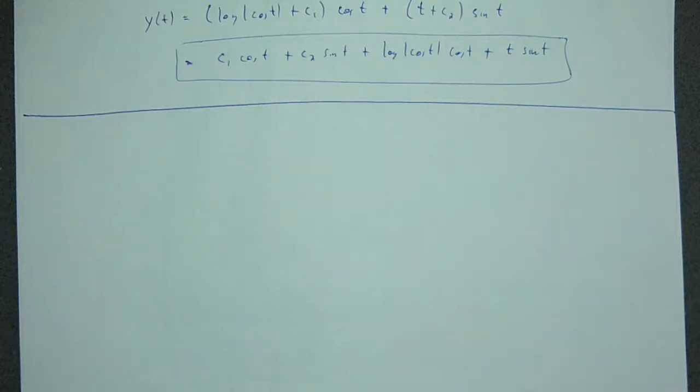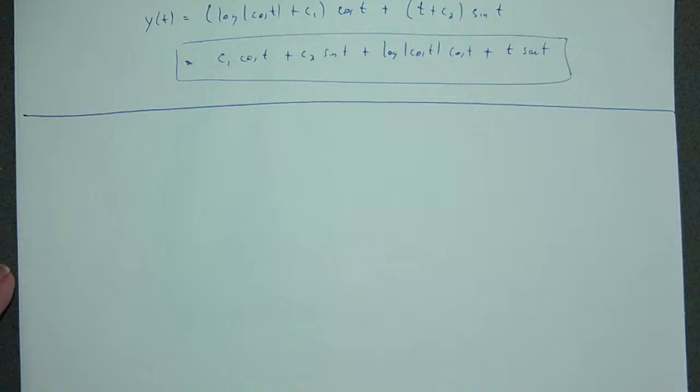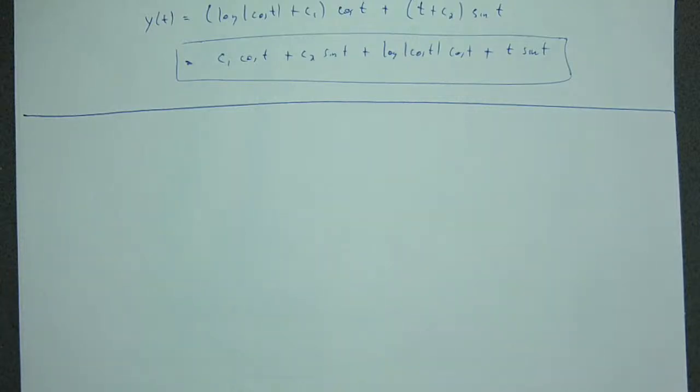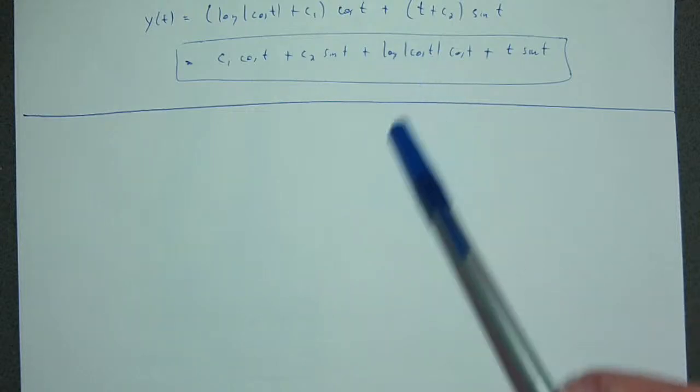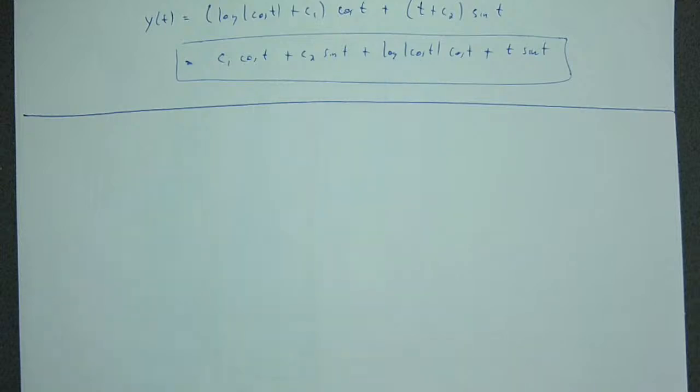I'll show what sorts of things you could do to pick out what the interval of definition is here. Ultimately, since you're taking the absolute value here, you're going to be avoiding the places where cosine t is 0.